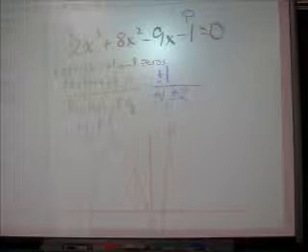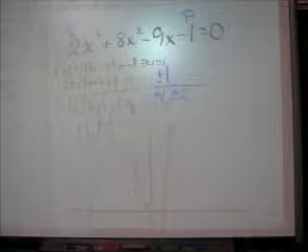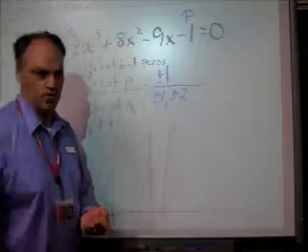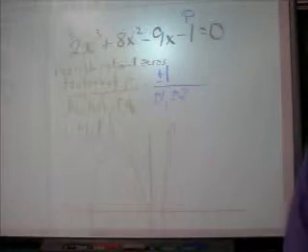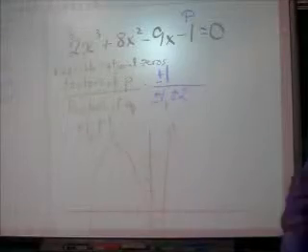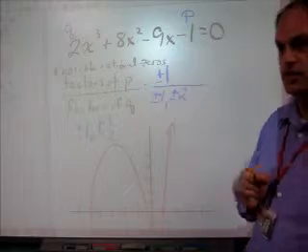And when that happens, we guarantee ourselves that positive 1 is an answer to the problem. When your coefficients add to equal 0, positive 1 is an answer to the problem. You might want to write that down as a note. It's kind of a handy little piece of information. So if you add up all of the coefficients and it equals 0, you automatically know that positive 1 is a 0 of the function.